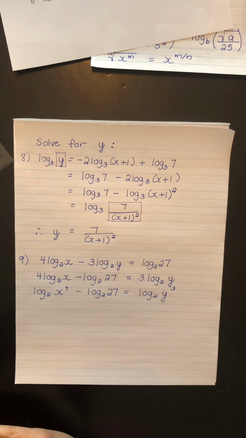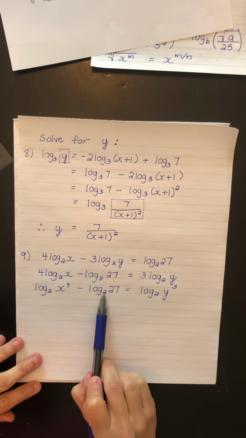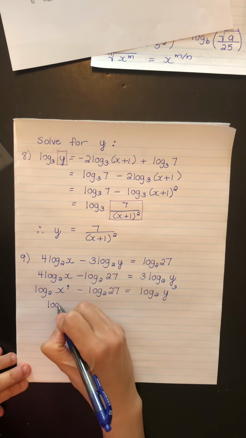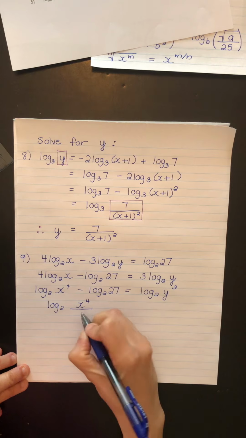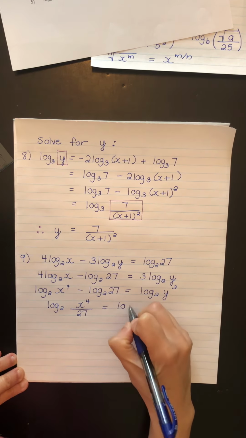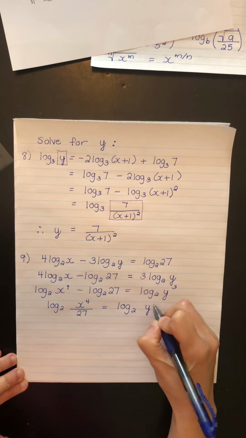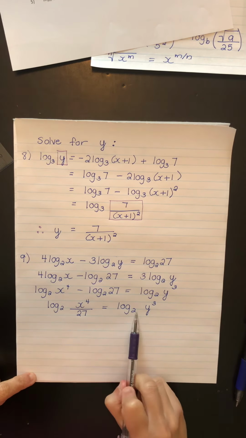With those coefficients out of the way, these logarithms can be combined. It will have x to the 4 on top of 27. And now here it is. Both sides are single logarithms with the same base.